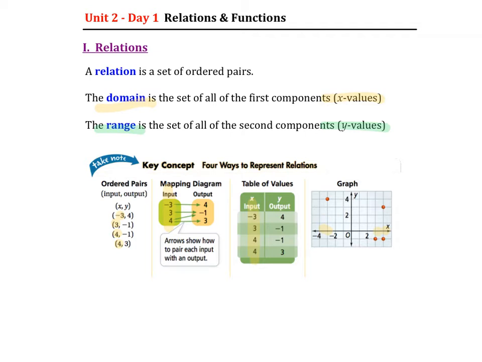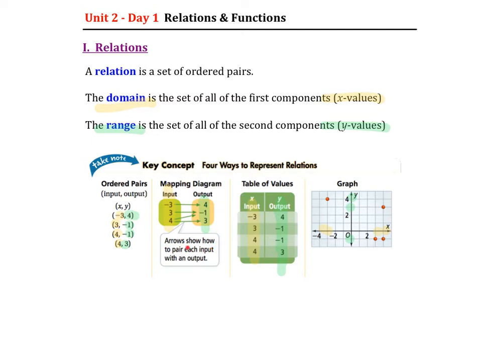My range, similarly, would be 4, -1, and 3, and that will hold true no matter what type of scenario we are dealing with, whether it is a table, a set of ordered pairs, a graph, or a mapping diagram.